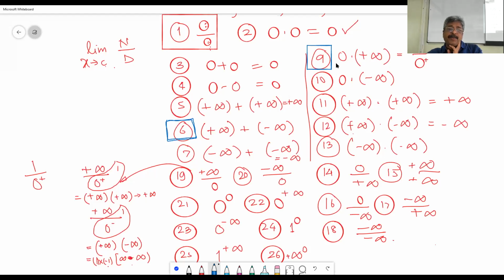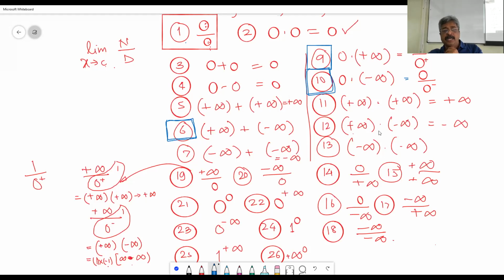And you can always take a p 9 to 1 by putting it in the denominator. 0 into minus infinity, I can write it as 0 upon 0 minus. So it is indeterminate. So we don't consider them to be two different cases. Let me just make it right now, and then we will list how many indeterminate forms we have.